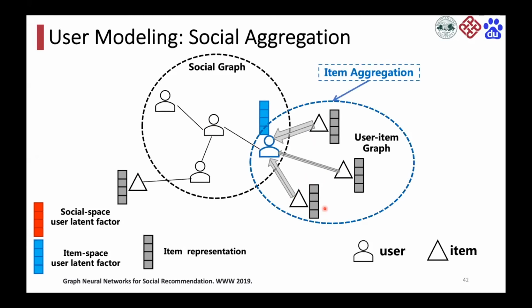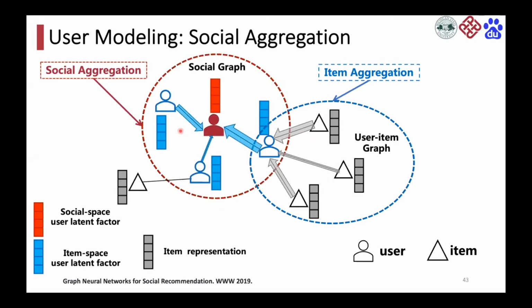We first use the item aggregation to learn the item-space user latent factors in the user-item graph. Then the social aggregation is proposed to learn the social-space user latent factors from the social graph. This white rectangle is the social-space user latent factor we need to learn in this social aggregation.